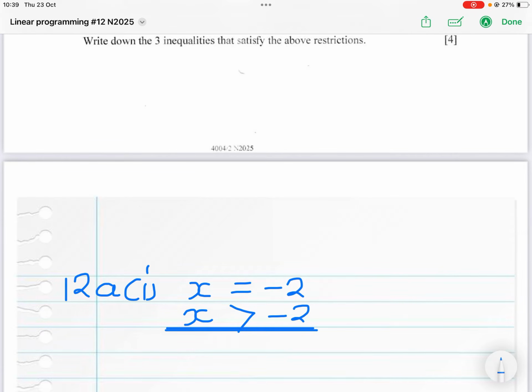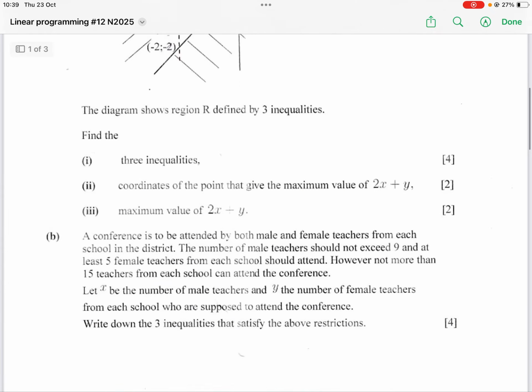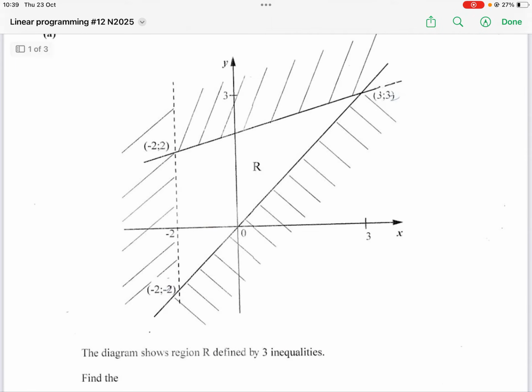And then we need to find the second inequality. We are having this line. So this is the line that we want to interpret. We need to find the equation of that line. It is passing through -2, -2, 0, 0, and 3, 3, right?